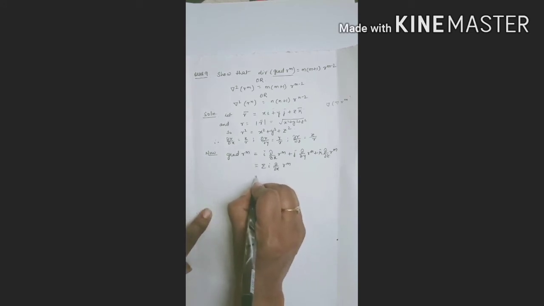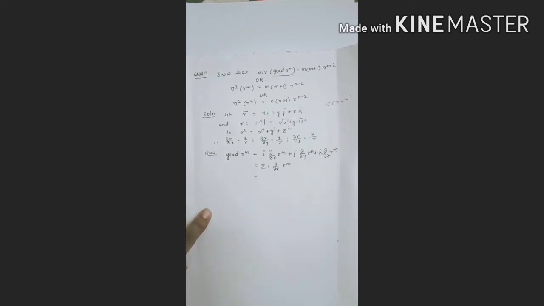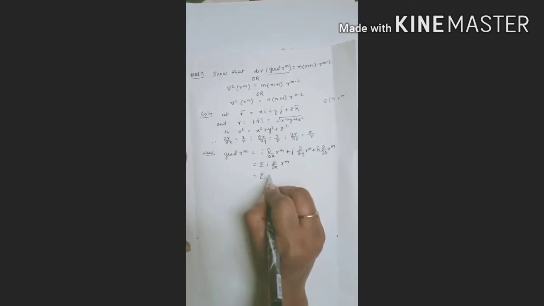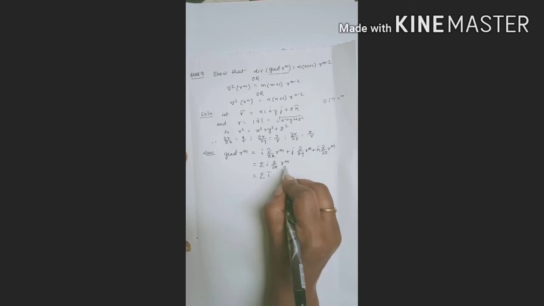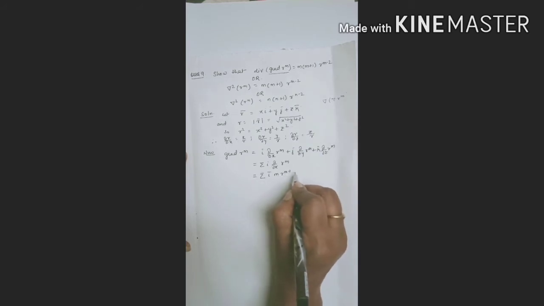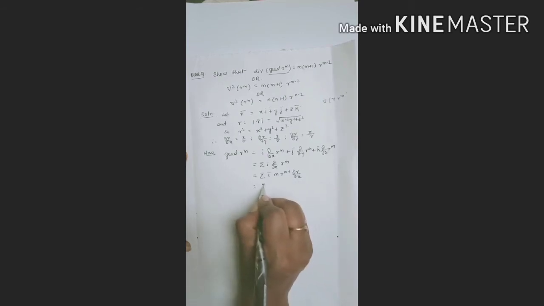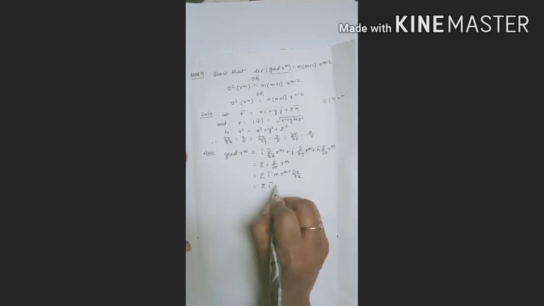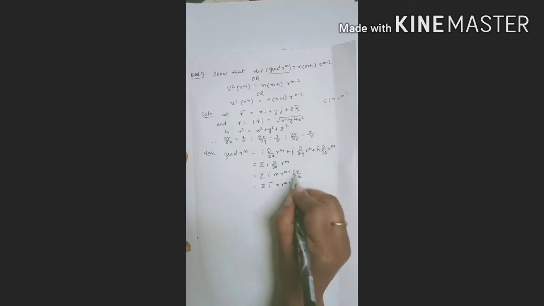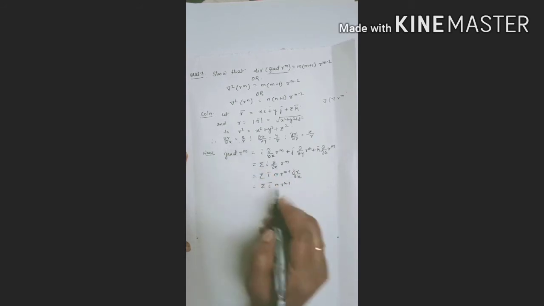This gives me summation i as it is, derivative of r to the power m partially with respect to x gives me m r to the power m minus 1 del r by del x, which gives me summation i m r to the power m minus 1, del r by del x is nothing but x by r.